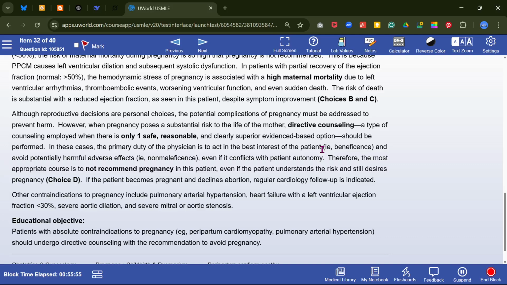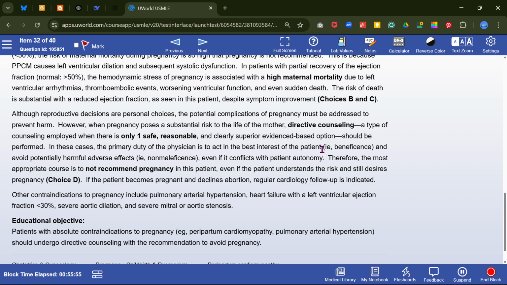However, when pregnancy poses a substantial risk to the life of the mother, directive counseling, a type of counseling employed when there is only one safe, reasonable, and clearly superior evidence-based option, should be performed.